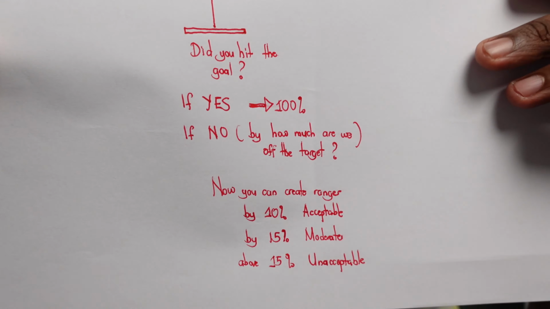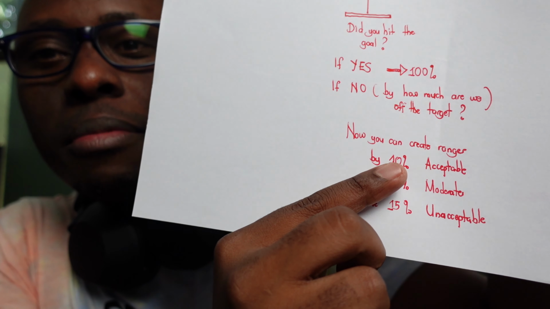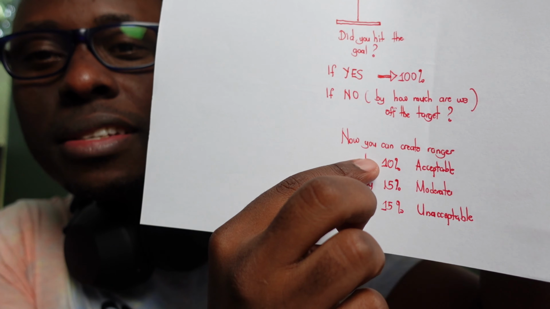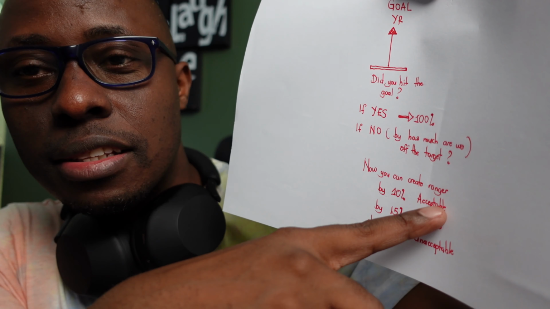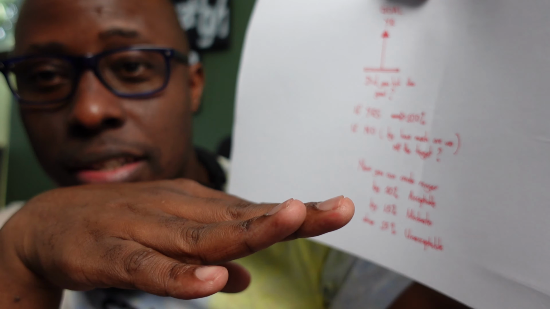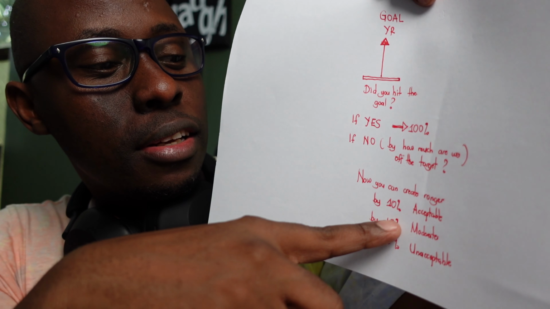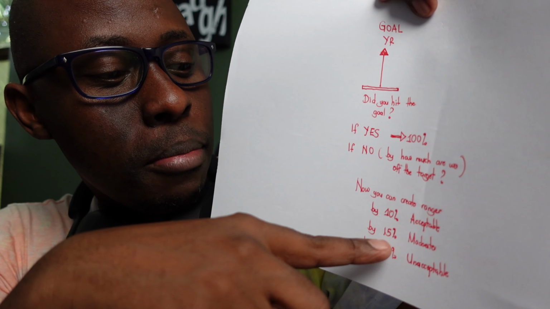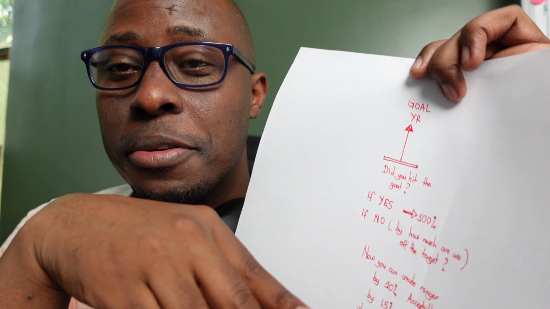In this example, if you have 10% as the deviation away from the target, you can say that is acceptable. Anything above 10% is moderate, and anything above 15% is unacceptable. That is how you can lay it out in a gradual manner.